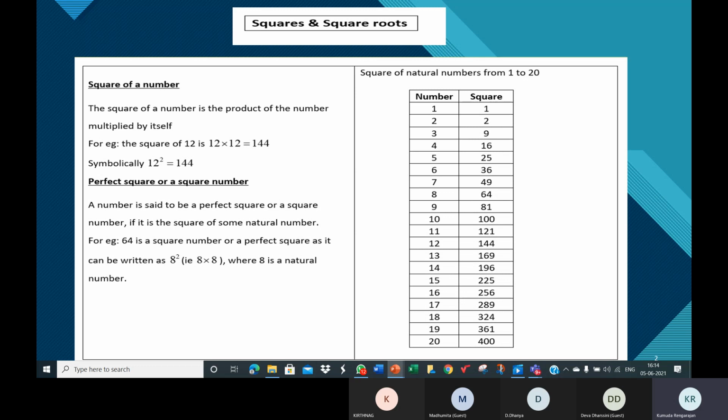What is the square of 2.4? 5.76, ma'am. Children, we need to have a book and a pen.